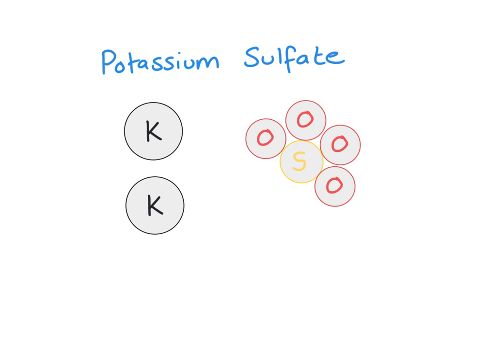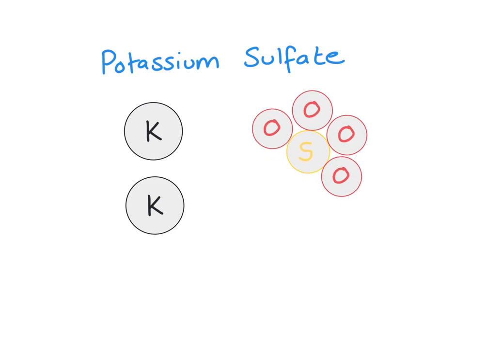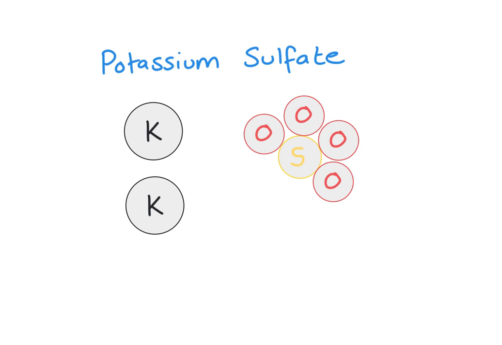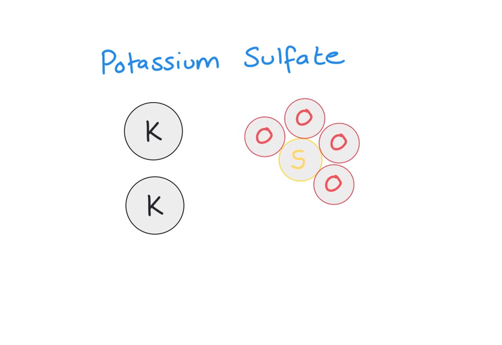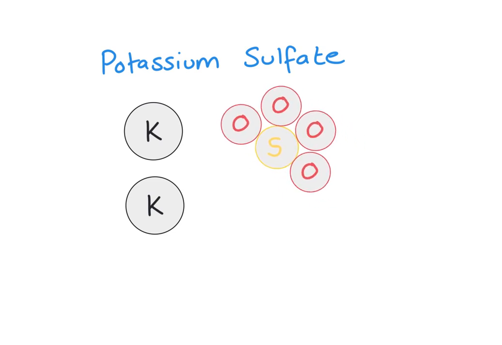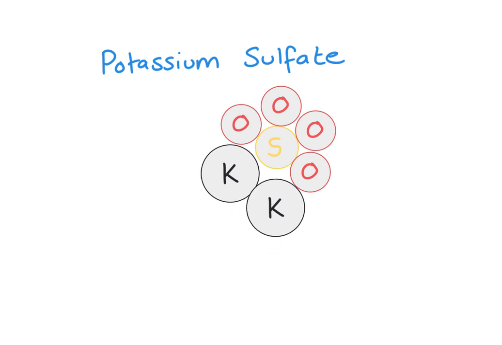Potassium sulfate is made of all of the atoms that you can see on the screen. Now there are two potassiums and there is one sulfate ion here, which is one sulfur and 4 oxygens covalently bonded together. And when this compound comes together, all of these come in to form a complex.